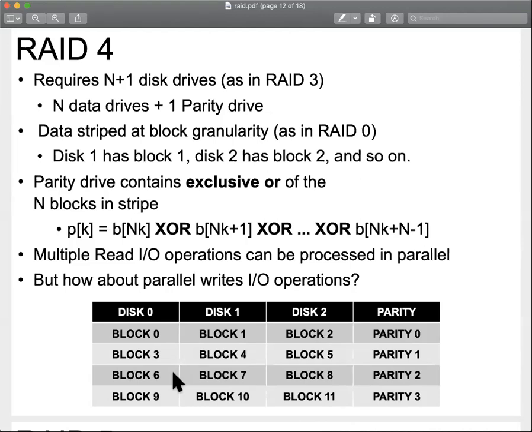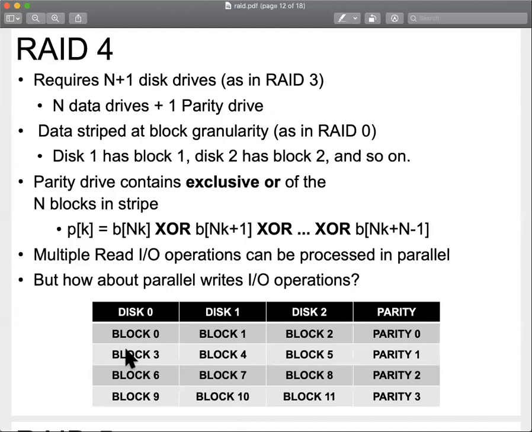Okay, so that's what these equations are doing. And similarly, if any disk fails, we can recover the failed data by doing an XOR of the remaining disks, just like what we did in the previous case.